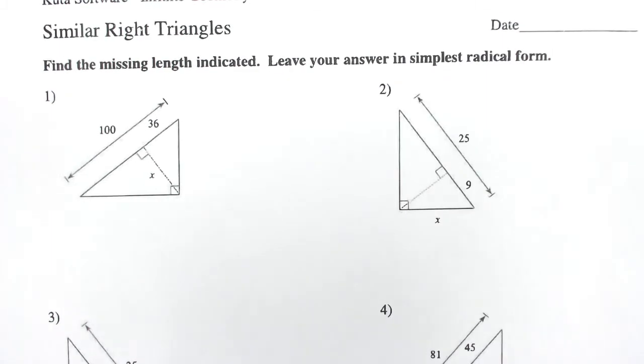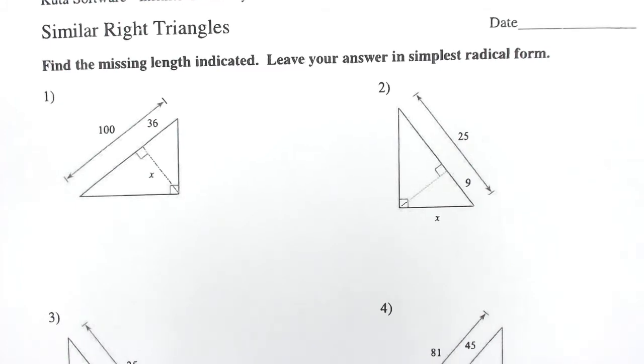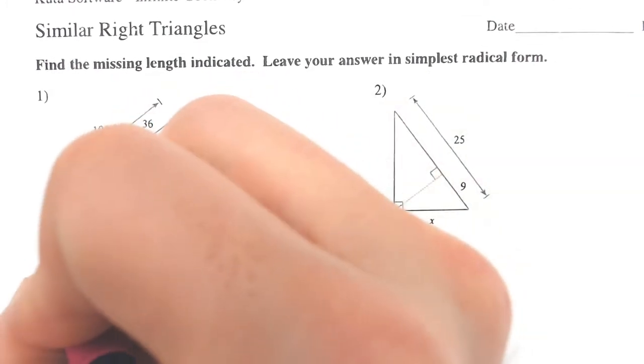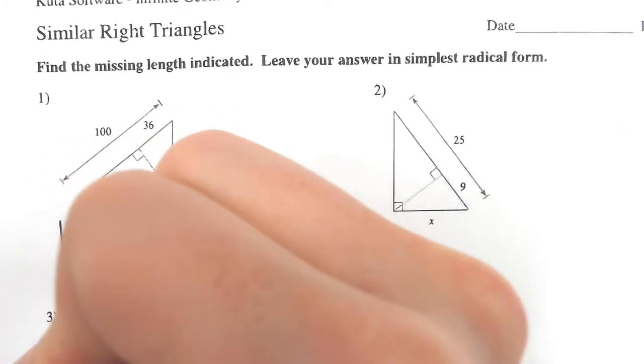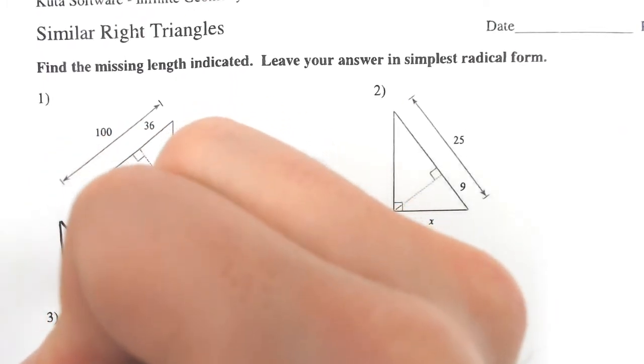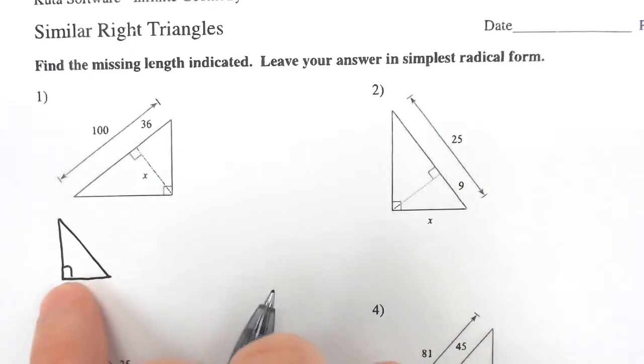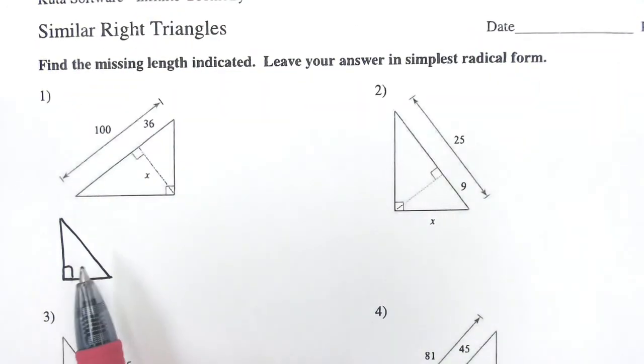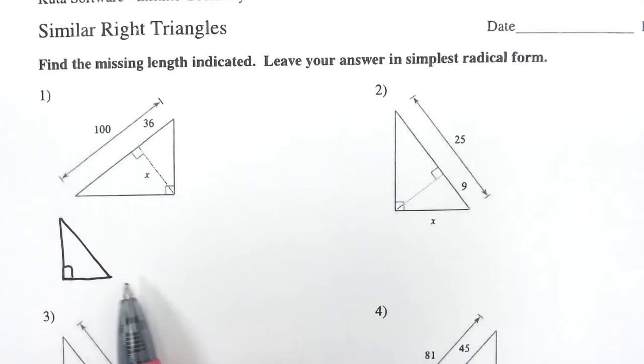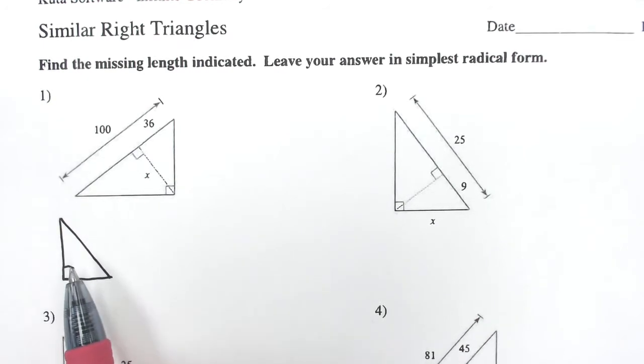So the first thing I'm going to do is draw the big, the medium, and the small triangle. I'll keep it consistent for you guys and draw it in black. I always want to draw the big, medium, and small triangle with the base being the shorter part and the height being a little bit taller. That's why my base is here and my height is a little bit taller.